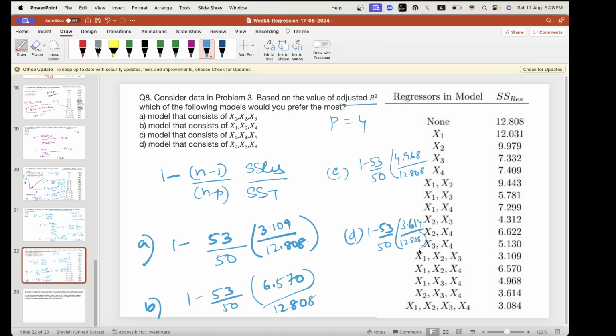So this is 1 minus 53 into 3.109 divided by 50 into 12.808.